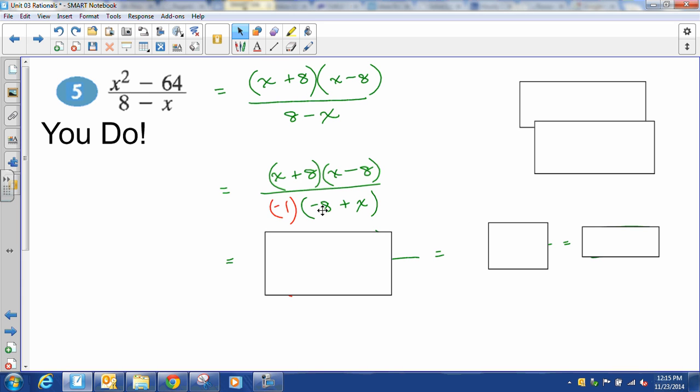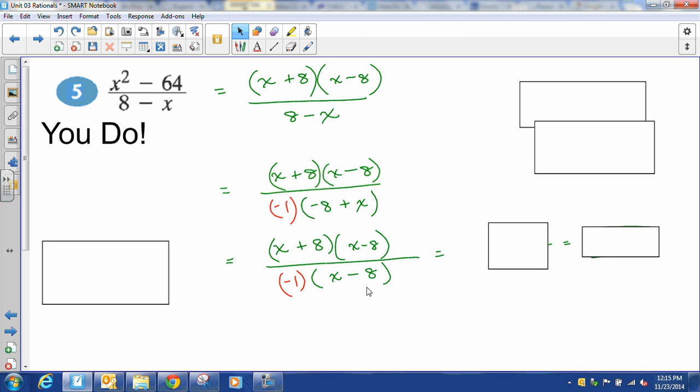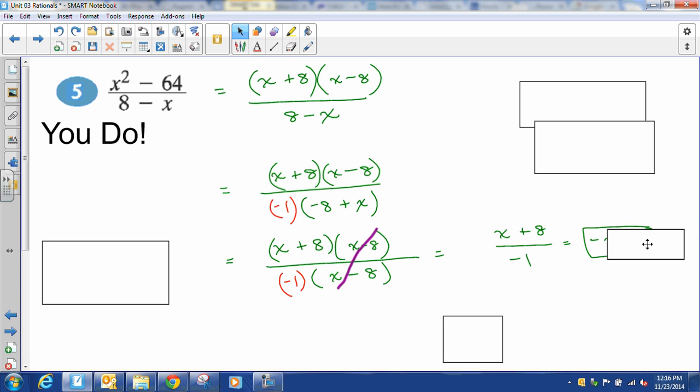This basically negates the denominator, so we get negative 8 plus x, which we can reorder as x minus 8. Now we can cancel both of these terms out, and we are left with x plus 8 over negative 1, and that negative 1 gets reabsorbed back into the expression. x divided by negative 1 is negative x, and 8 divided by negative 1 is negative 8.